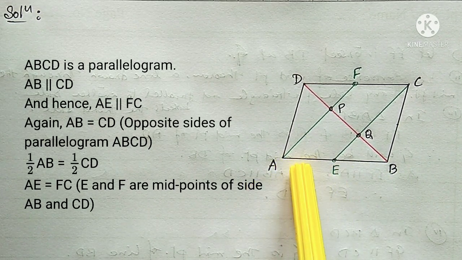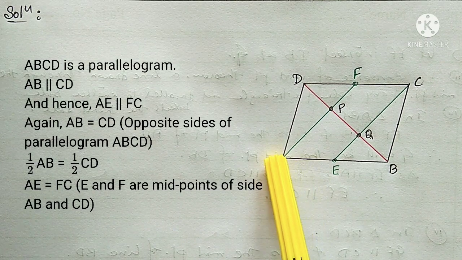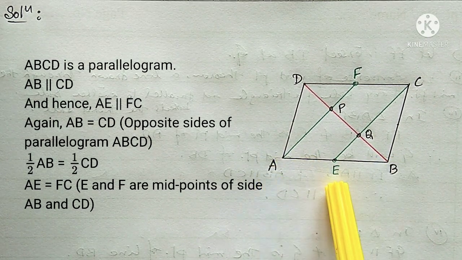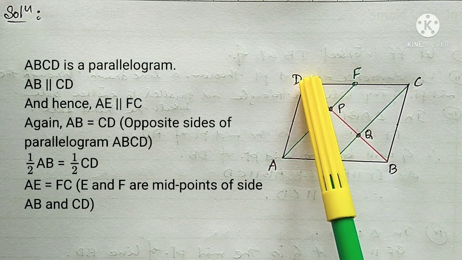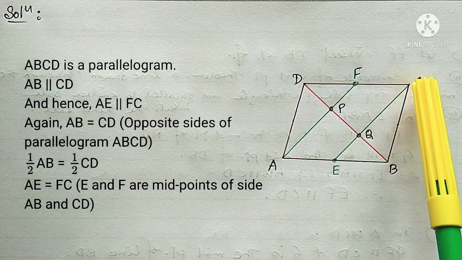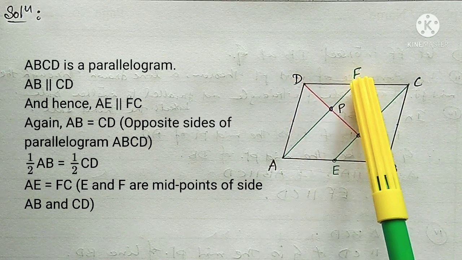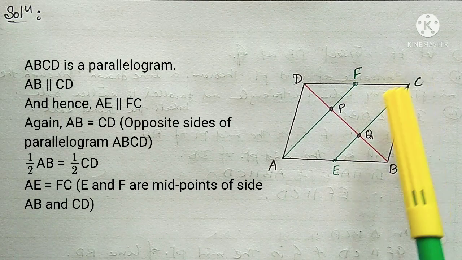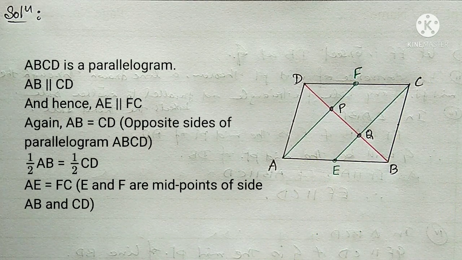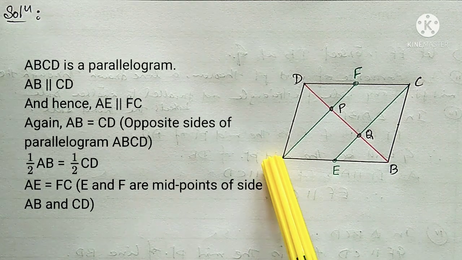But here we need this AE part. So in place of half of AB, we write AE, as well as in place of half of CD, we write FC. If we write DF or EB, then it is also correct, but we need AE and FC, that's why we write these 2. Understood this one? Okay. Now, after getting this, what do we get?